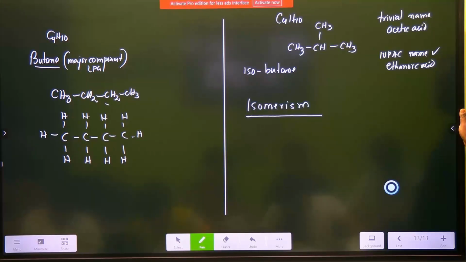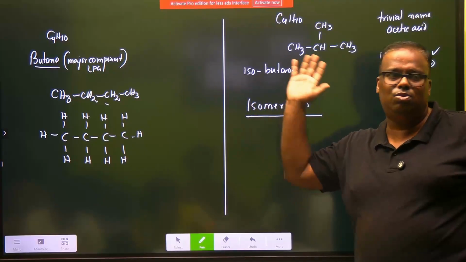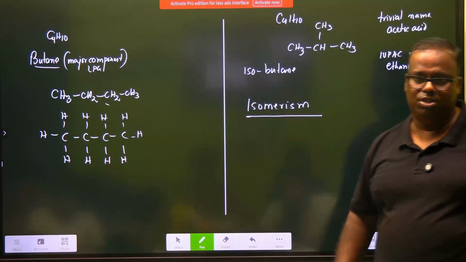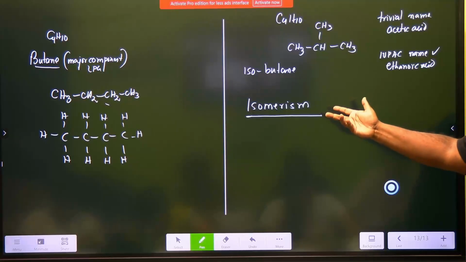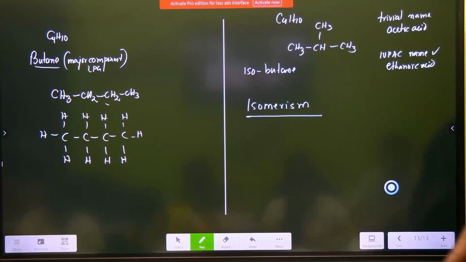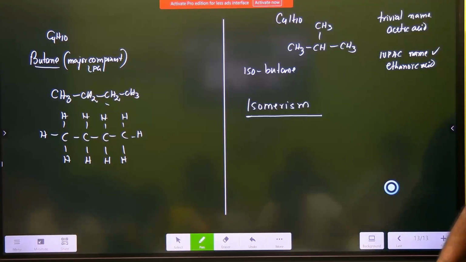Isomerism itself is a chapter in grade 11. A tough topic. What isomerism you are studying here is at a very low level. This is known as structural isomerism. Isomerism is a phenomenon due to which organic compounds can have the same molecular formula but different structural formula.